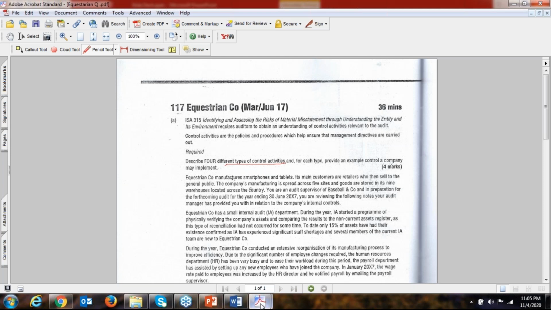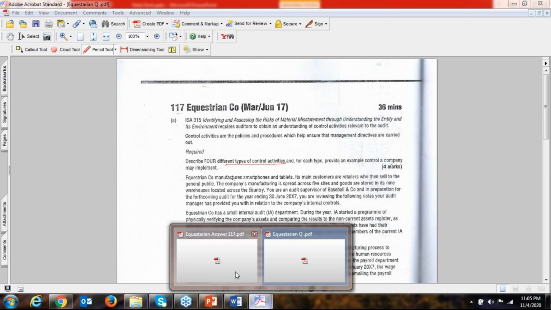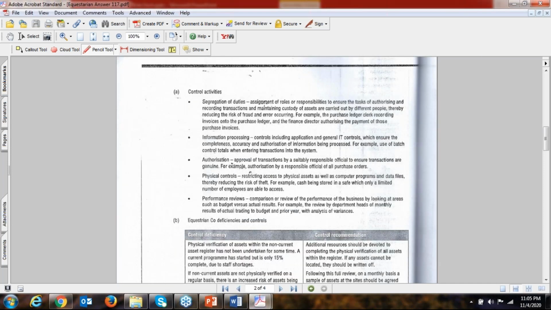Now we will read the answer. You will realize what you need to mention. Assignment of roles and responsibilities to ensure the task of authorizing and recording transactions and custody of assets are carried out by different people, which ultimately reduces the risk of fraud and error.